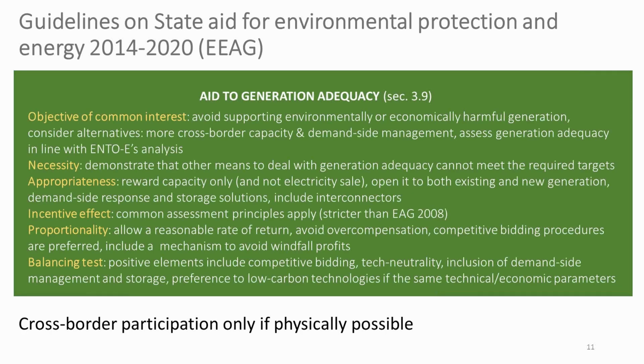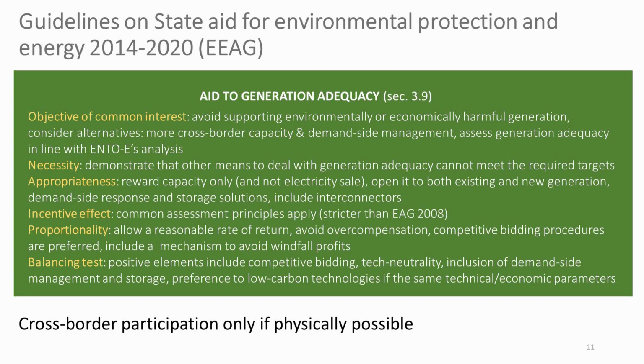Looking at the Commission's decision on the UK capacity mechanism, we can say that the participation of cross-border capacity and demand-side response are important criteria for this compatibility. However, the participation of generators located abroad should be taken into account only if this is physically possible, and the obligation to deliver capacity cross-border can be enforced.